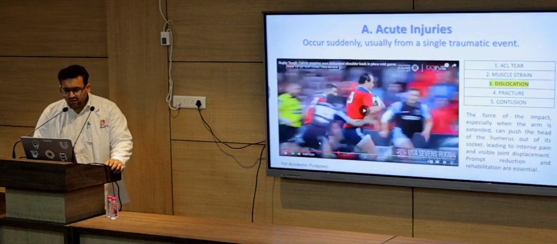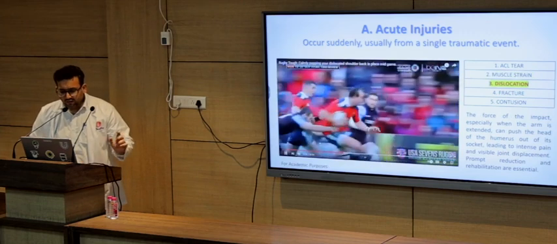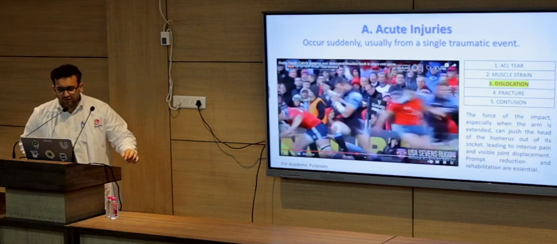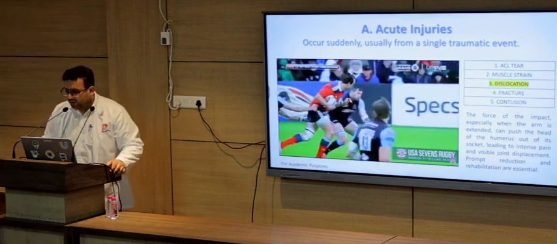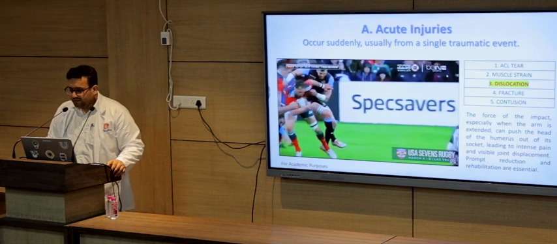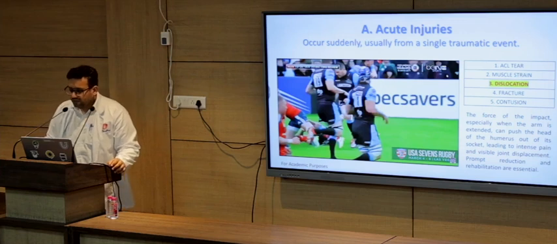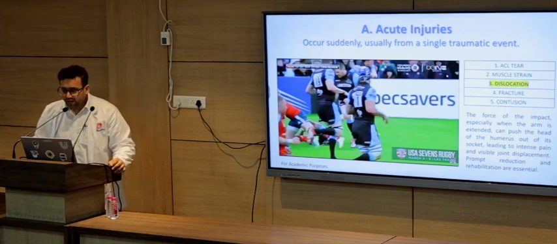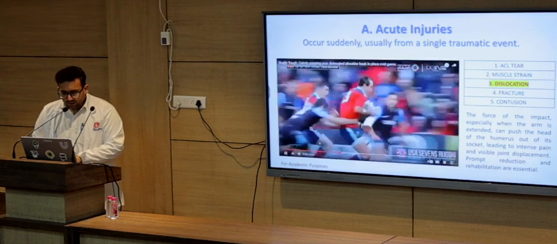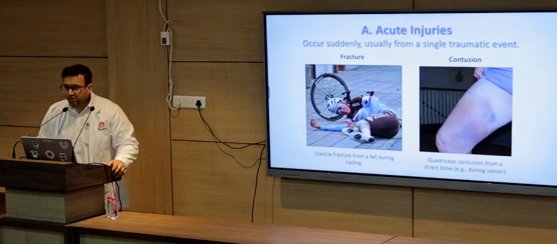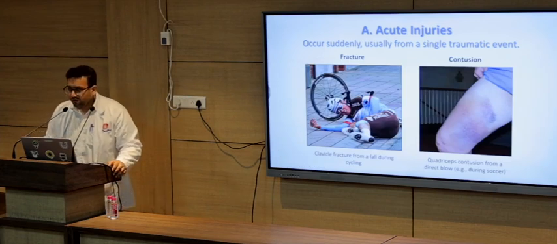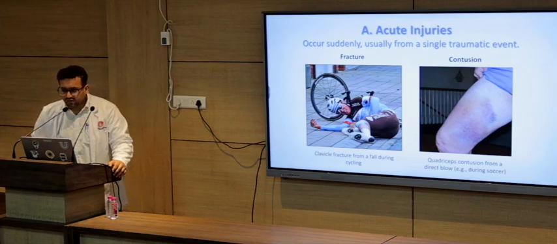Moving further, we have a tackle in rugby, where the player in the blue dress suffers a shoulder dislocation. The force of impact, especially when the arm is extended, can push the head of the humerus out of its socket, leading to intense pain and visible joint displacement. Prompt reduction and rehabilitation is the key. Then we have 2 more photographs of acute injuries, that is clavicle fracture and contusion.